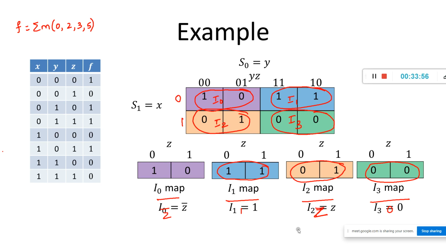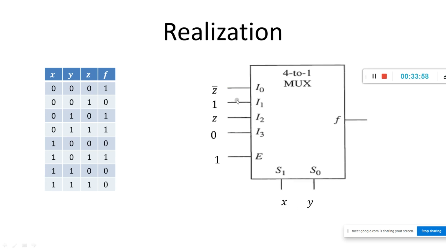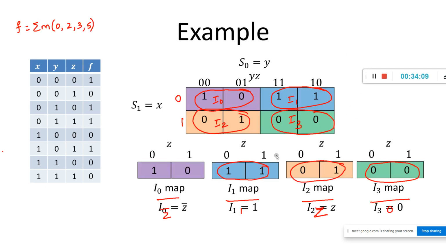Same thing I have written. Coming to the previous one, what did you get? z bar, 1, z, 0. Right? This is using K map we did.